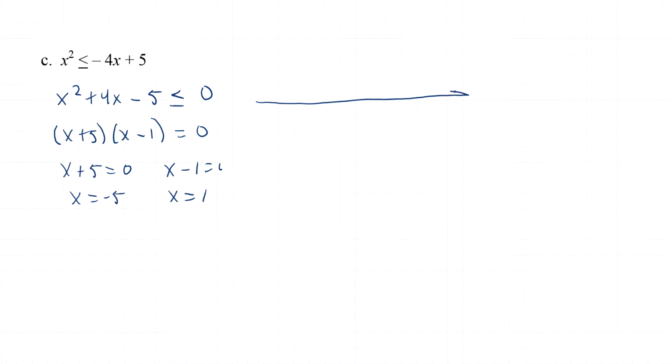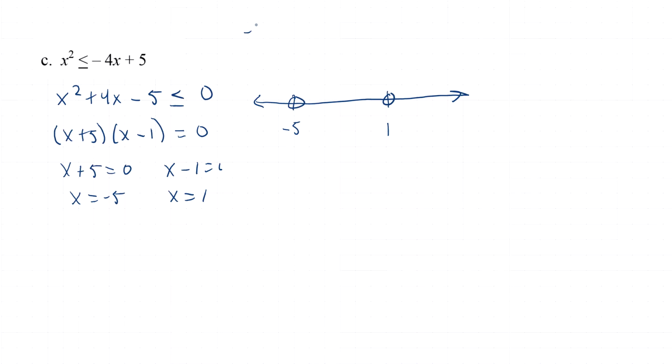So then what I want to do is test values to find where it's less than or equal to 0. I have a boundary point at 1, and I have another one at negative 5. So now I plug in a value less than negative 5. So let's say negative 6.